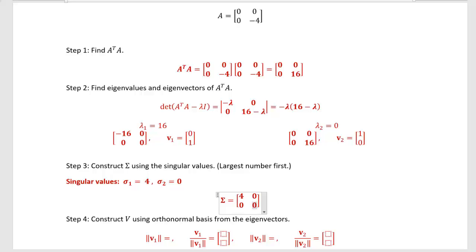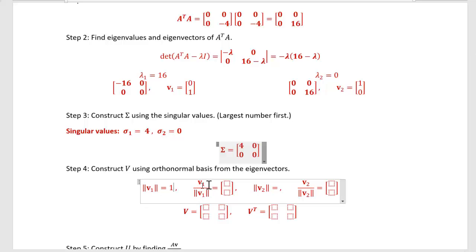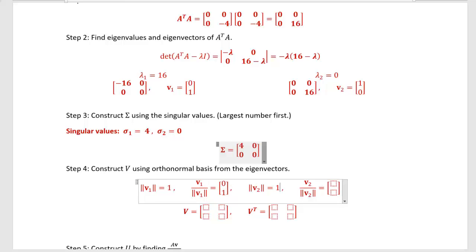Now we want to construct V. We construct V by taking our eigenvectors, finding their magnitudes, and dividing by the magnitude so they are normalized. Fortunately, these have a magnitude of 1, so our eigenvectors do not change, and they remain as our column vectors for V. V1 is 0, 1, and V2 is 1, 0.